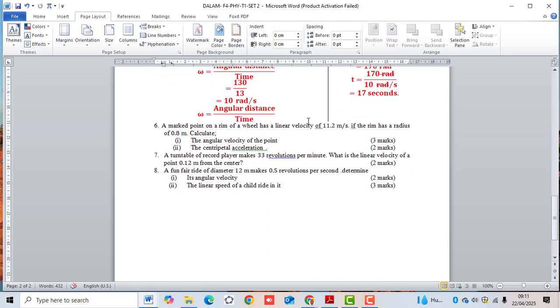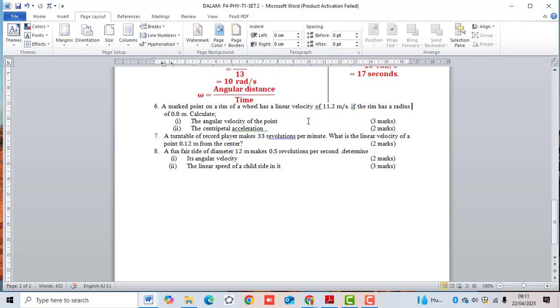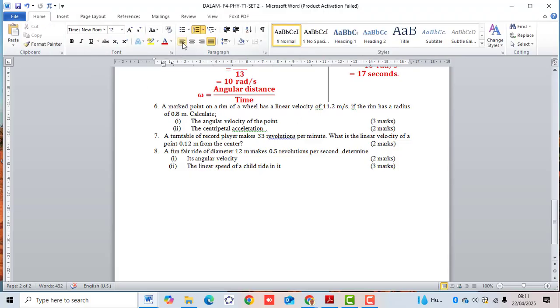We go to number 6. A marked point on a rim of a wheel has a linear velocity. If the rim has a radius of this one, calculate the angular velocity of the rim.